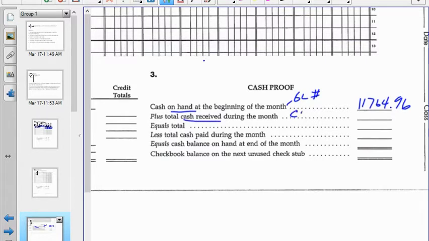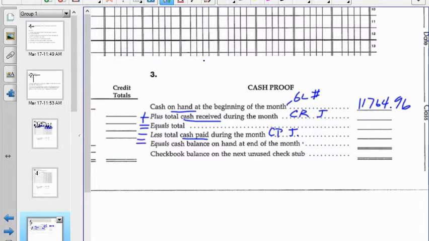Well, that's going to be my cash receipt journal. Okay? Cash at the beginning of the month plus the cash that I received equals the total of cash there. In turn, I'm going to subtract the cash paid out during the month. Well, that's going to be my cash payment journal from Chapter 9. That's going to equal the cash that we think is going on.